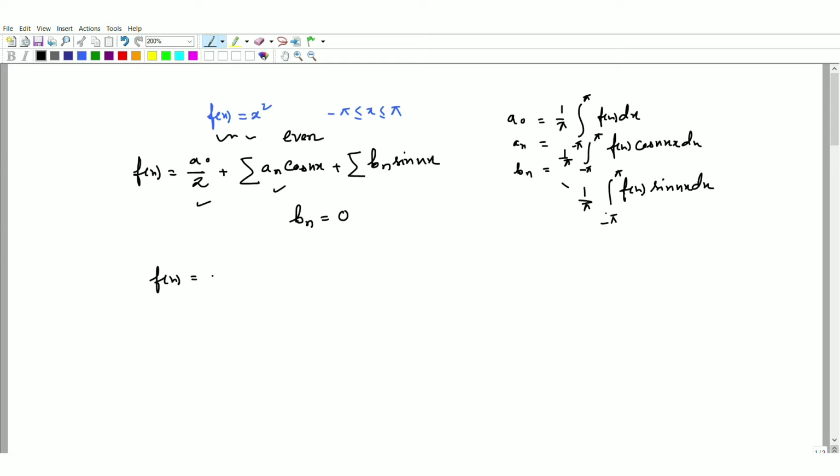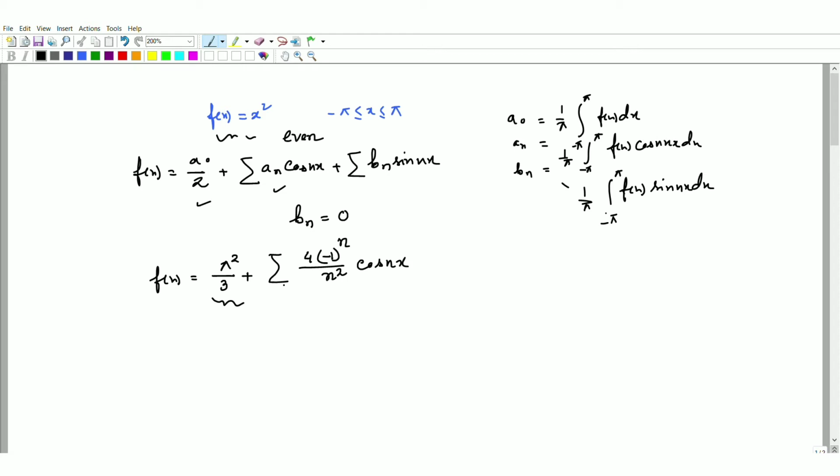It will be pi square by 3 plus summation 4 times minus 1 to the power n by n square, then cos nx. Since it is an even function, we only have the cosine series along with one DC component.